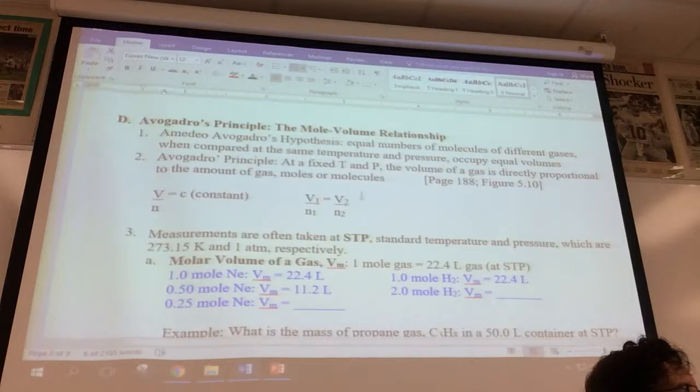Direct relationship. So Avogadro's hypothesis says equal numbers of molecules of different gases, when you're at constant temperature and pressure, occupy equal volumes. So there's a direct proportionality between the volume of gas and the amount of gas in moles or molecules.